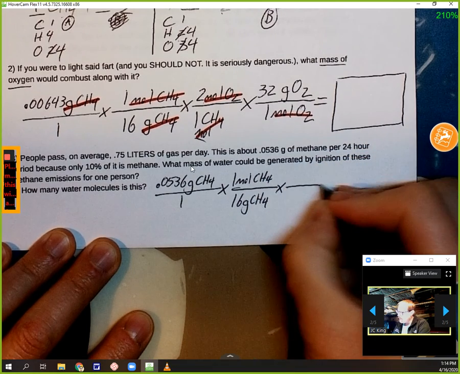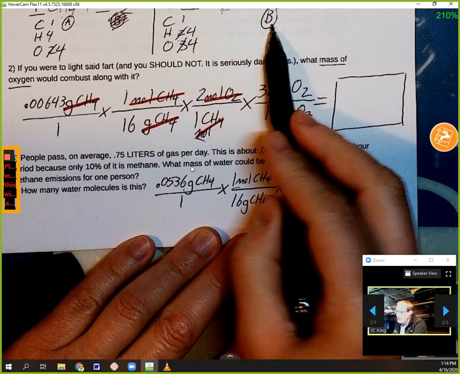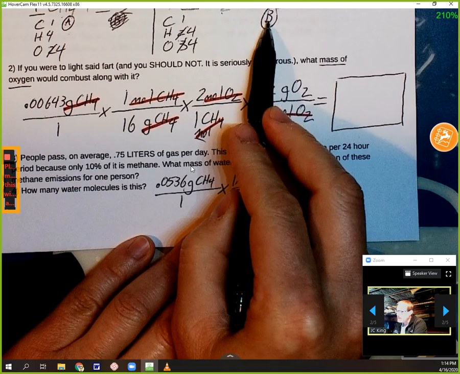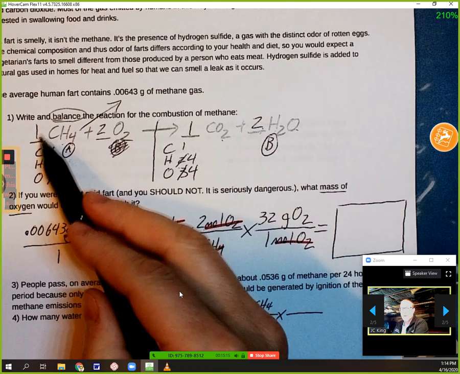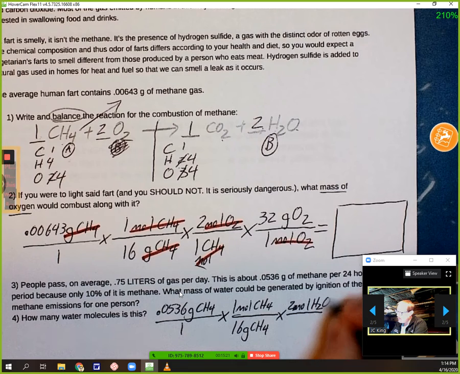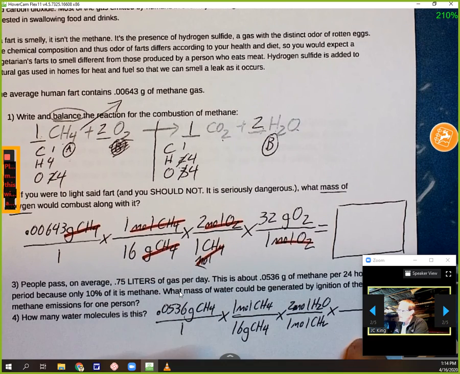For our mole ratio this time, we've got B and A, so our mole ratio is still going to be 2 to 1. Oh, you can't see that. Still going to be 2 moles of this for every 1 mole of this. So we put 2 moles of water on top of 1 mole CH4. And we need the molar mass of water.